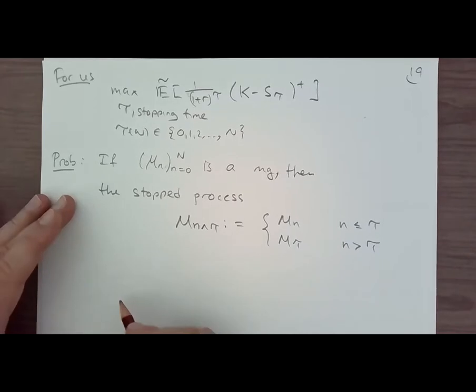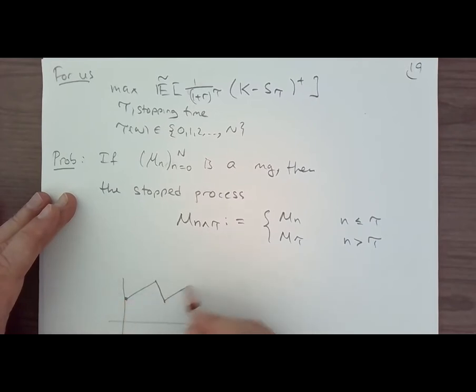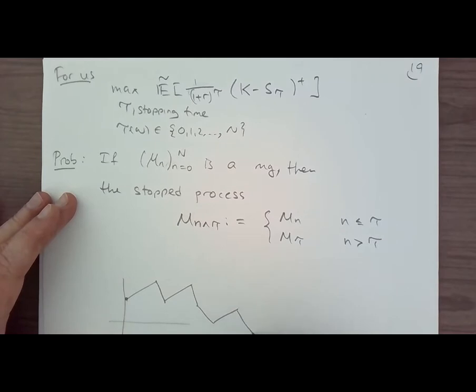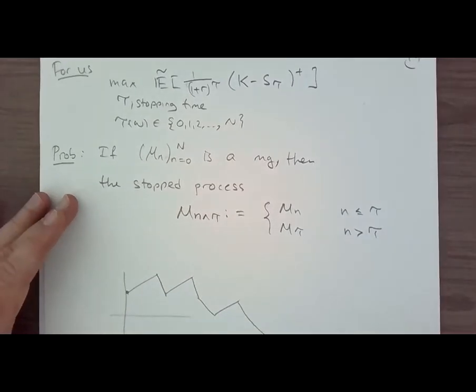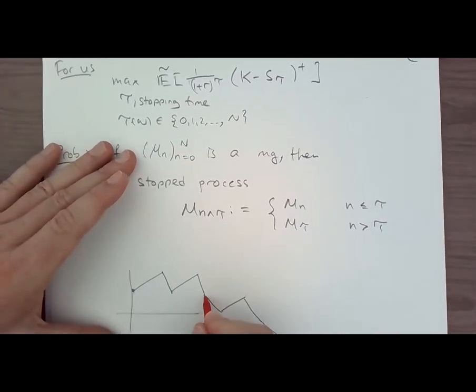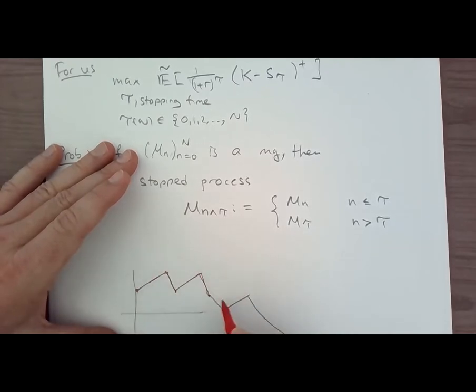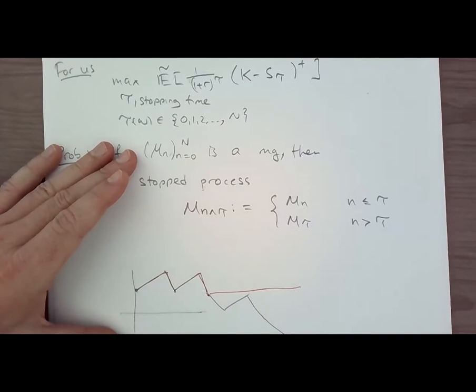Right, so the stopped process, if I'm looking at a path of the stock price, so our stock price goes like this. Say this is our stock price. Then what we do is, for example, we stop the process at some time. Say we stop it here. Then the red one would be the stopped process, and it just stays flat here forever.